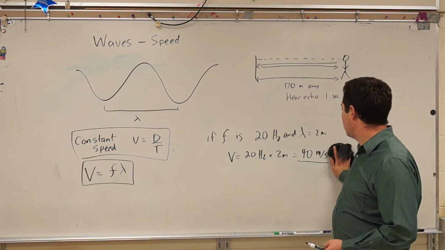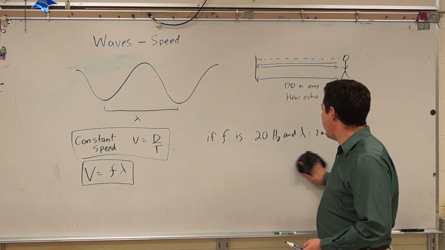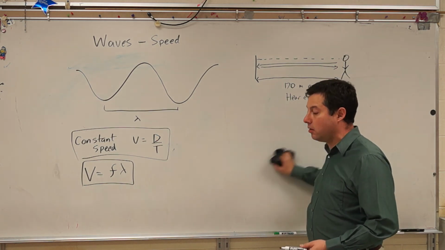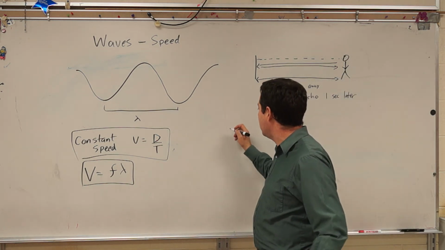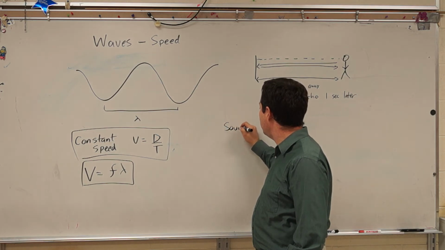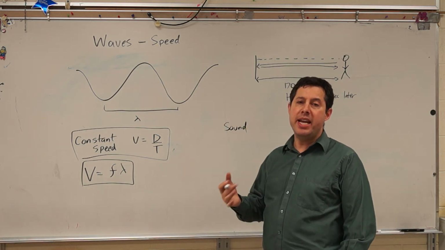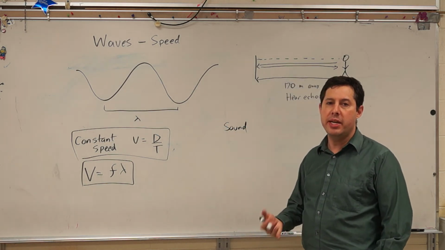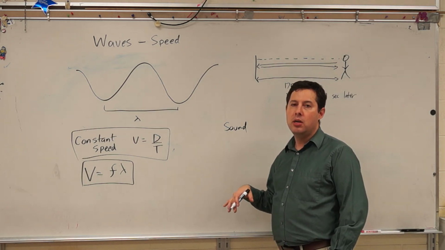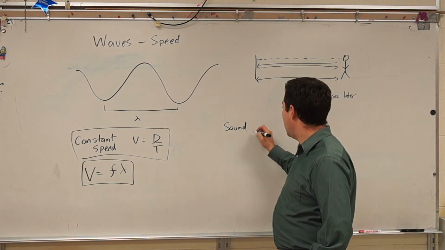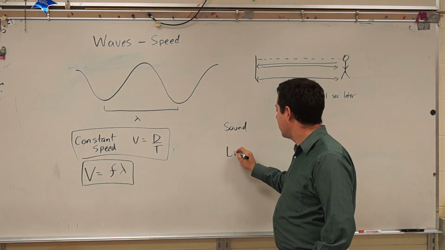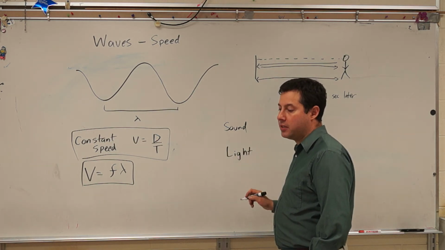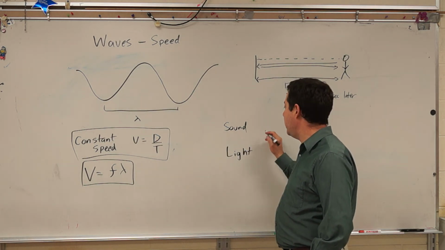A couple of kinds of waves that we're going to see fairly regularly include sound waves and light waves. For sound and light waves, the speed varies depending on the medium through which they are traveling, but if you look on your reference table, you will see a speed of sound.